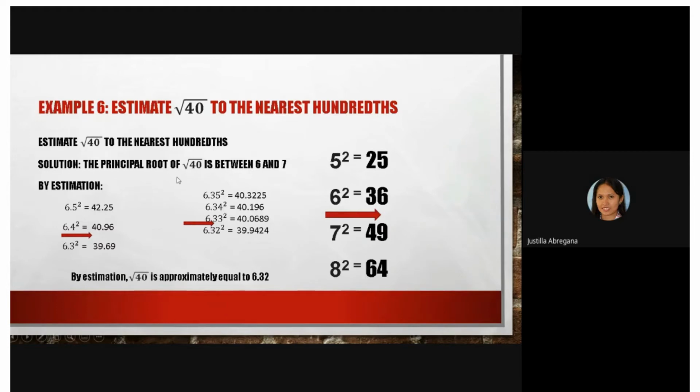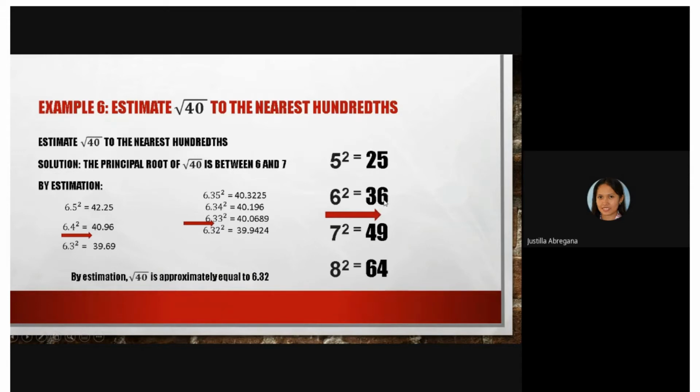Example 6. Estimate square root of 40 to the nearest hundredths. So how? The principal root of square root of 40 is between 6 and 7. Why? Because we have here 5 squared is 25, 6 squared is 36, 7 squared is 49. And where is 40?